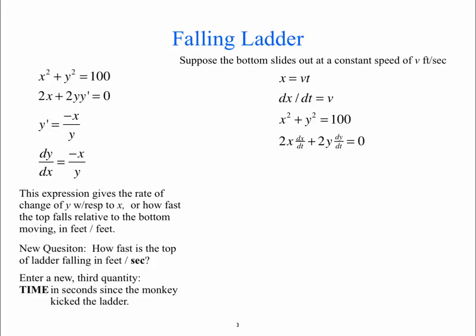So x is a function of t, so it's some function of t squared, that's chain rule. And y is a function of t, so you have some function of t squared, chain rule. So it's going to be 2x, times dx dt by the chain rule, plus 2y dy dt. Make sense?